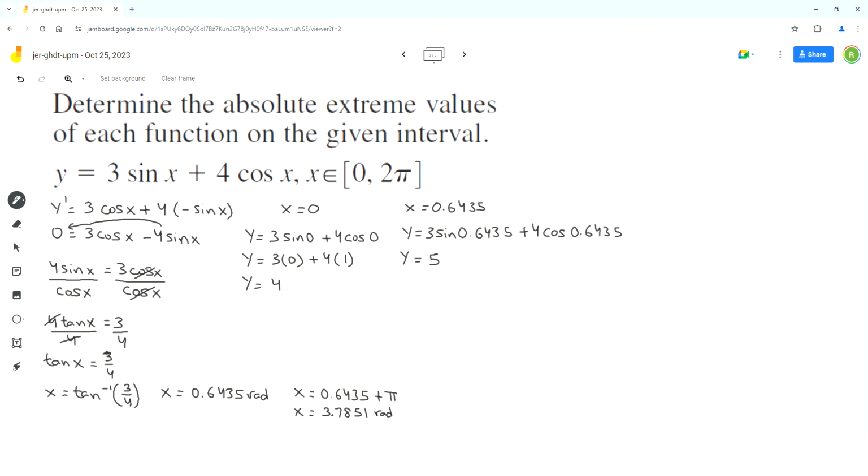Now we can do the calculation for x equals 3.7851 radians.